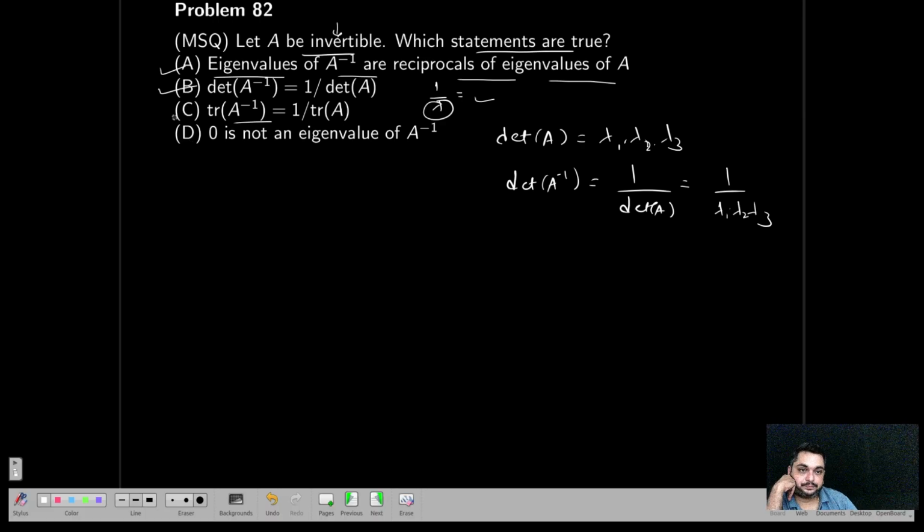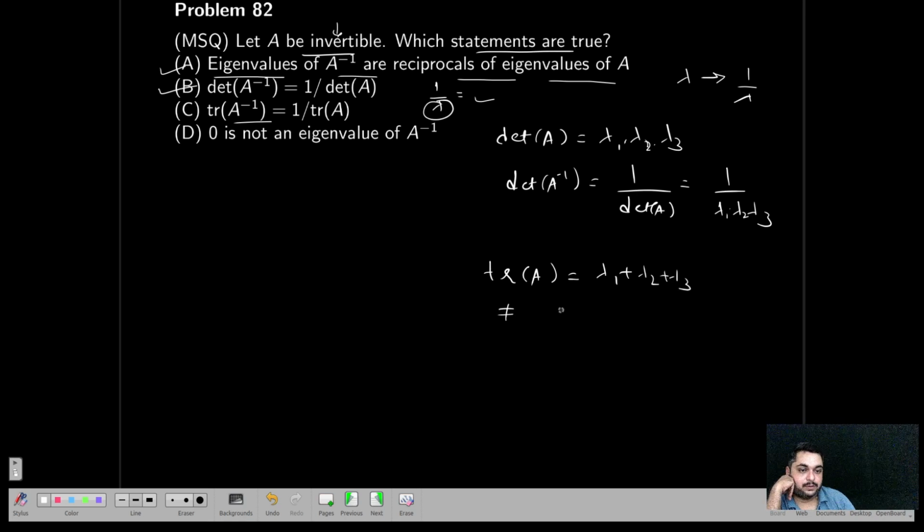Then, eigenvalues of A inverse are reciprocals of eigenvalues of A, that is true. Okay, because if lambda is the eigenvalue, then it will become 1 by lambda, that is the property. Now come to trace. Trace of A inverse equal to 1 by trace of A. So trace of A equals lambda 1 plus lambda 2 plus lambda 3.